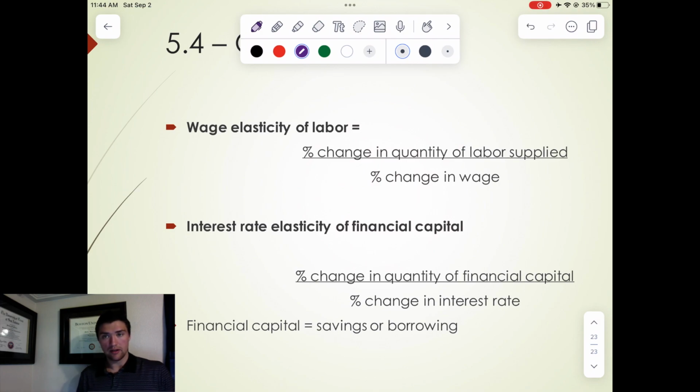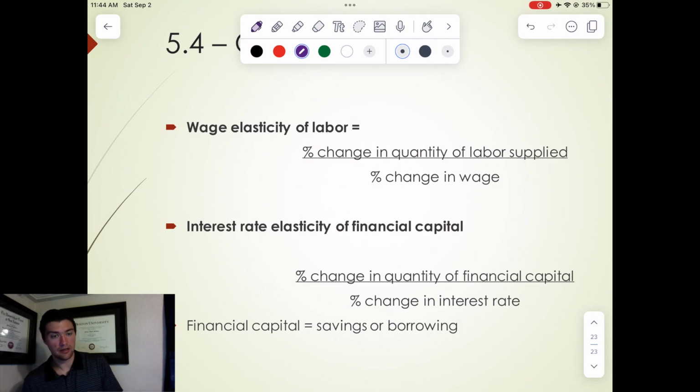I put quantity of labor supplied here because let's look at it this way. If we were to change the wage, let's say by 10%, how many more people are willing to work because the wage goes up? That's a very interesting point, especially from a macro standpoint of trying to figure out, we want more people to work. What is a good way to increase the wage enough to where we can have more people working? So that's how we would look at wage elasticity.